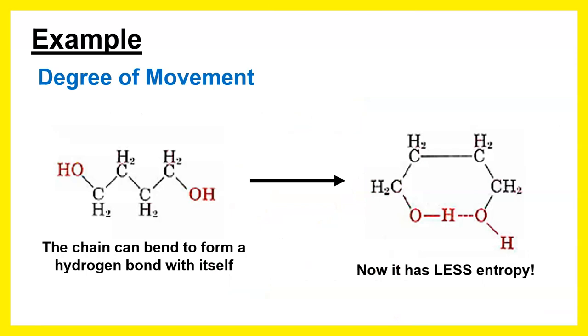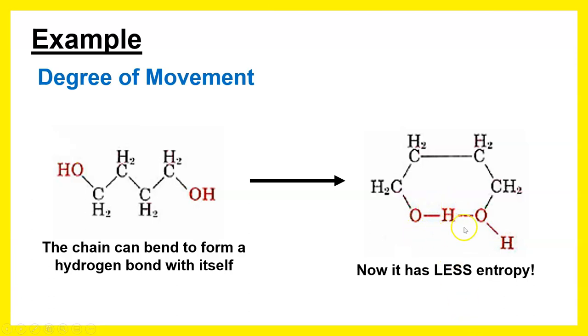I love this example because we can see that even within a single molecule, there can be things to consider that would result in changes to the degree of movement. On the left, do you see how that compound has those 2 hydroxide groups on the end? That chain is flexible enough to bend around, and we can end up with some hydrogen bonding happening here between one end and the other.